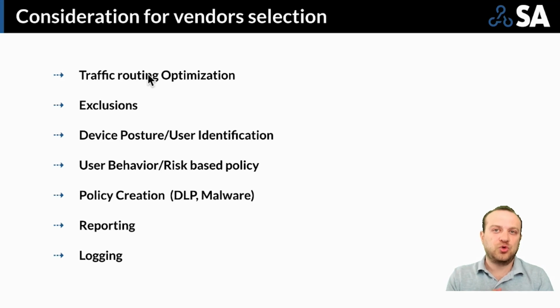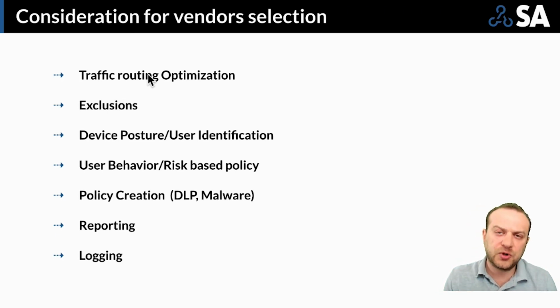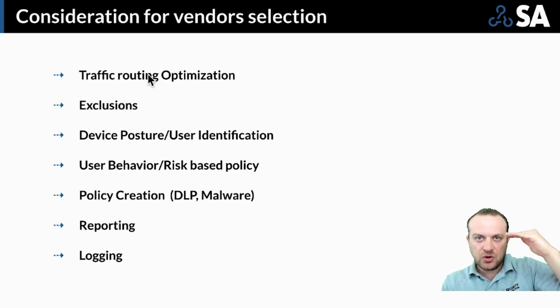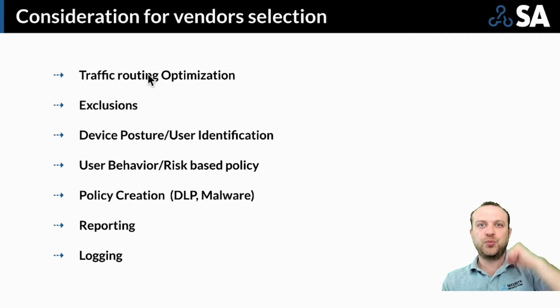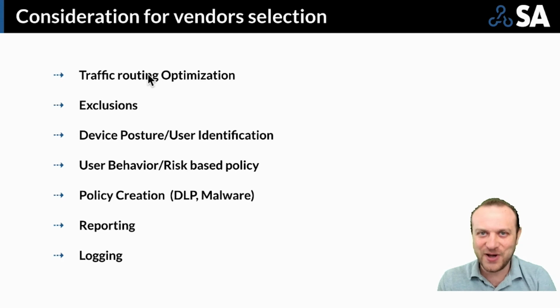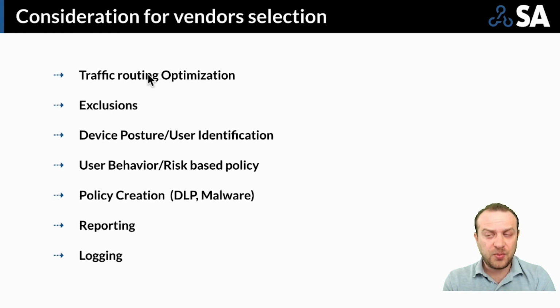You definitely want to have a mature posture check with your SSE vendor. You want to understand if this is a corporate laptop or not a corporate laptop, and whether I can apply policy based on your posture. Behavior and risk policy is almost on the top of the pyramid, because I can create all the logic and then on top of it put behavior, an XDR-ish part, but I don't want to go there too much, to understand where you're coming from, what you can do, and create a very interesting dynamic on the user, what they do, where they go, reporting.